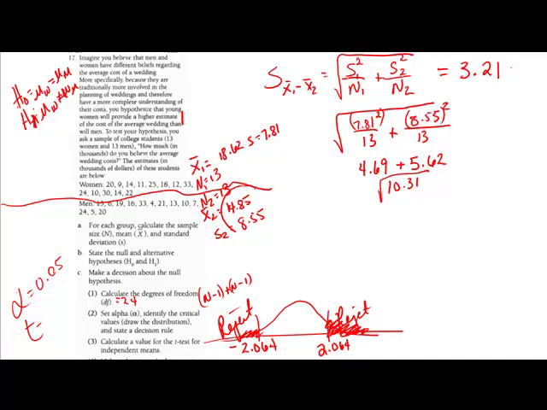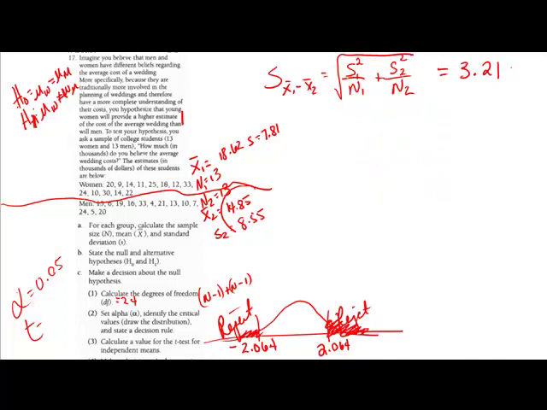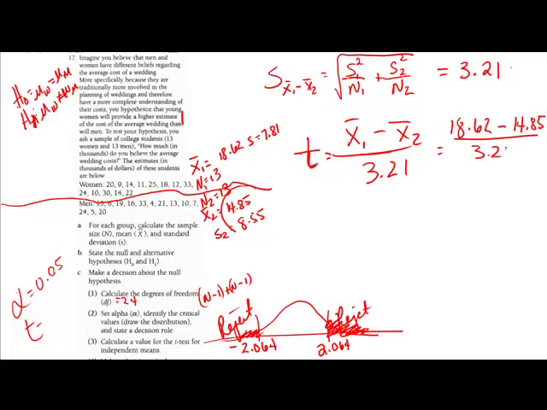Next step is our t-test. Let me erase this and get some room. T is the difference between our means divided by our standard error. So let's compare the x's. 18.62 minus 14.85 divided by 3.21.